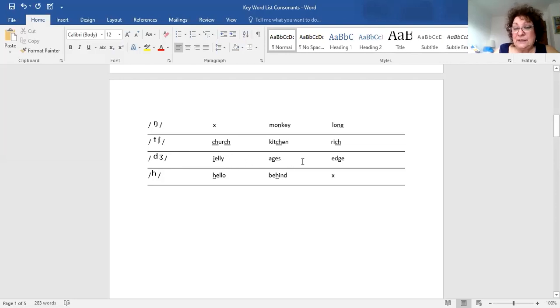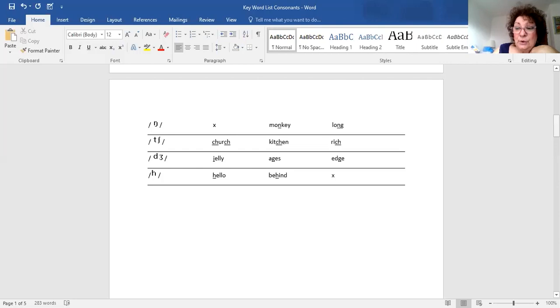And we have different spellings of J and G. And even though h is the last sound here, it is not an affricate. It is a fricative. It's just out of order, hello, behind. And the fault we have here is sometimes we omit H in the words human and huge. We need to put those H's in.